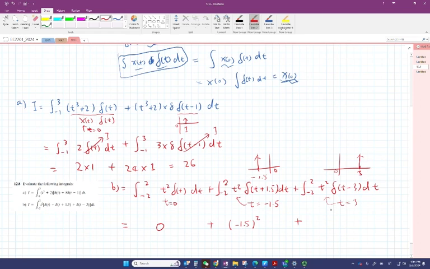We can put it in, so the function inside of this integration becomes 3 cubed delta t minus 3. That's not a problem. But the problem is we are evaluating between -2 and +2, which is not including this one. So when you integrate this one, it gives you 0 because it's not in the range. So the whole thing is 0. In the end, we just have 1.5 squared, which is 2.25. Oh, good.